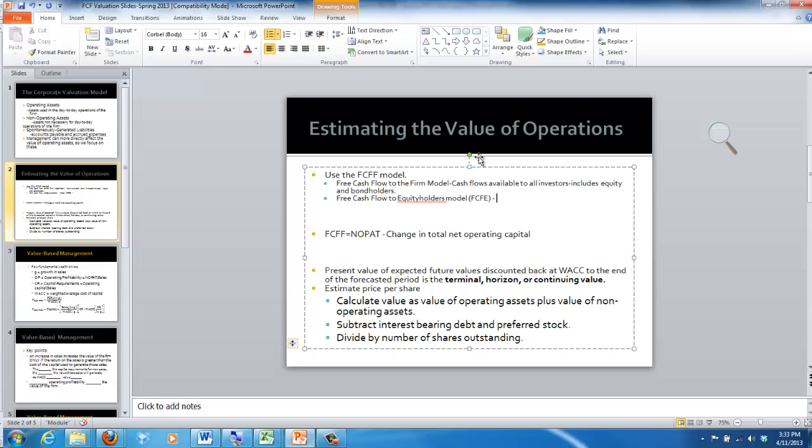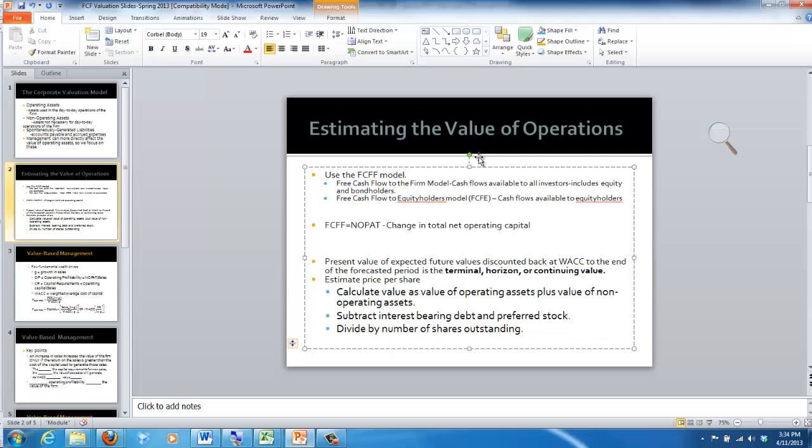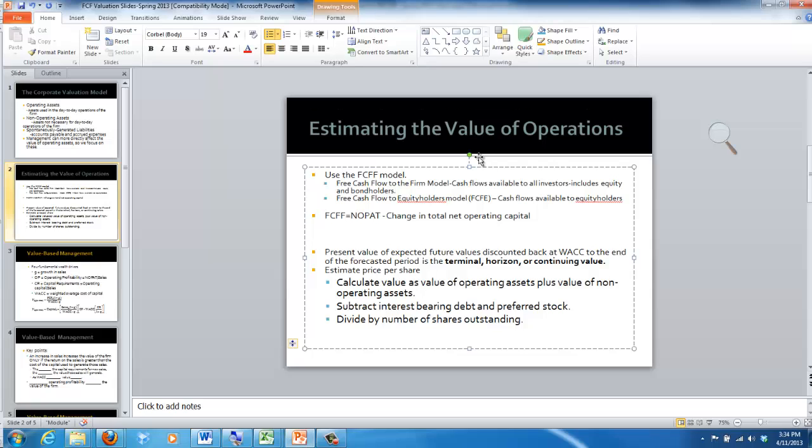This actually just measures the cash flows available to equity holders. So we take out the cash flows that go to the bondholders or any other debt holders, and we determine the value today of the equity using the future expected cash flows available for equity holders. We're not going to use that model. It's not as popular as the FCFF model, but it is out there, and theoretically they should give you about the same value for a firm.